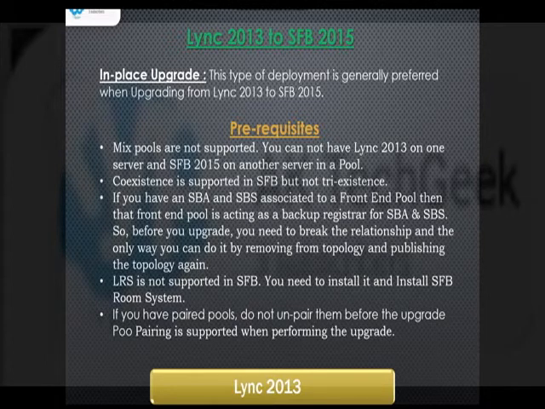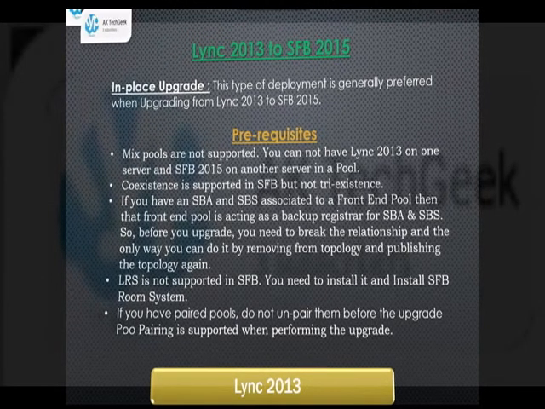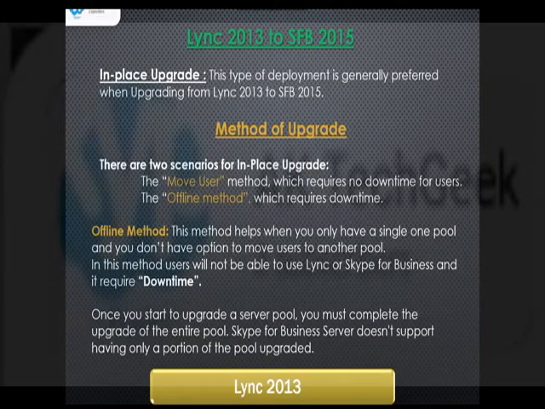Lync Room System is not supported in Skype for Business, so you need to uninstall it, and once it is moved over to 2015, you can go ahead and install the Skype for Business Room System. If you have paired pools, do not unpair them, because paired pool during upgrade is supported, so there is not going to be much trouble.